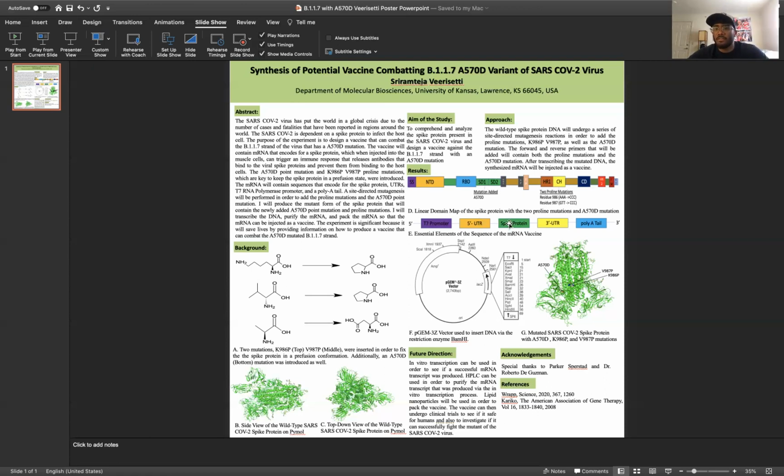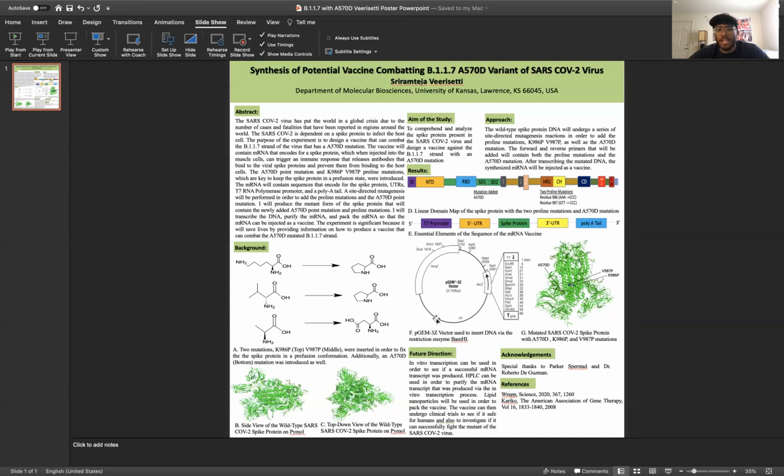The spike protein, of course, is important to produce a spike protein with the A570D point mutation, as well as the two proline mutations. The 3' UTR is responsible for having the stop codon for the transcription process. And the poly A tail is responsible for preventing any sort of degradation of the mRNA itself.